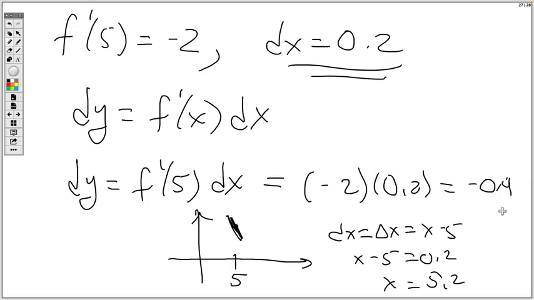5.2. You follow? So that means if I come over here to 5.2, wherever the f of 5 is, up here, if I move over 0.2, I'm going to be down how far on the tangent line? It's negative, so I'm going to be lower.